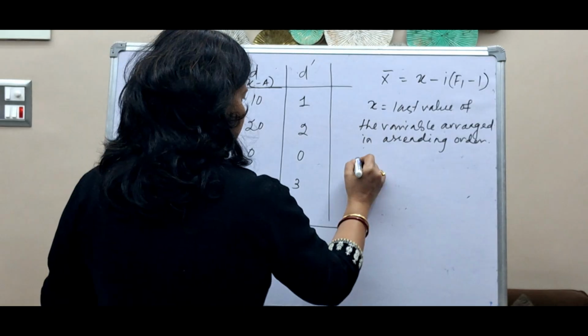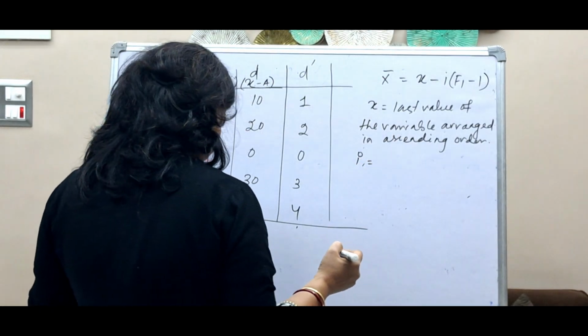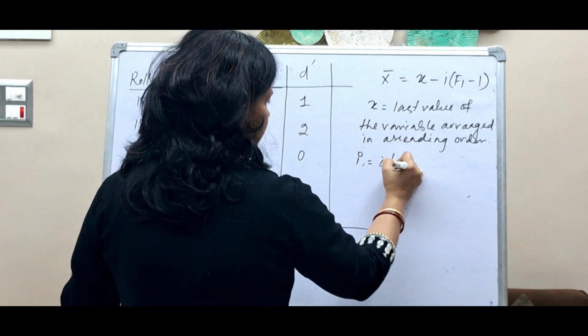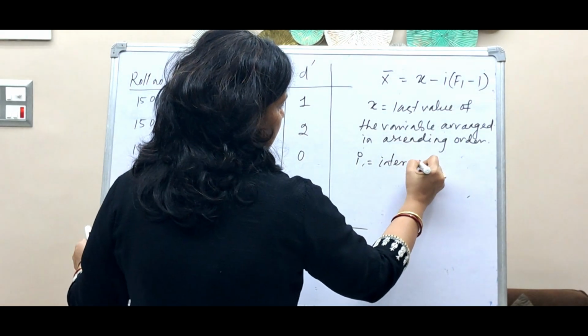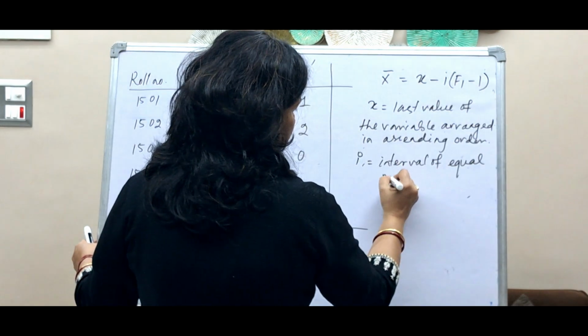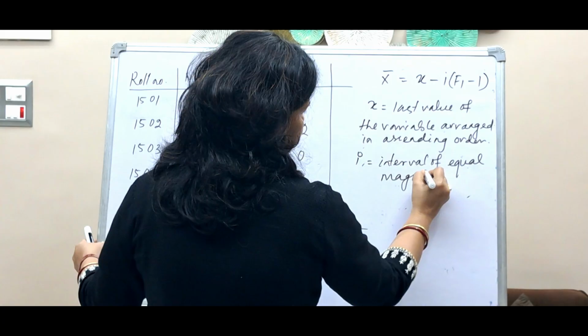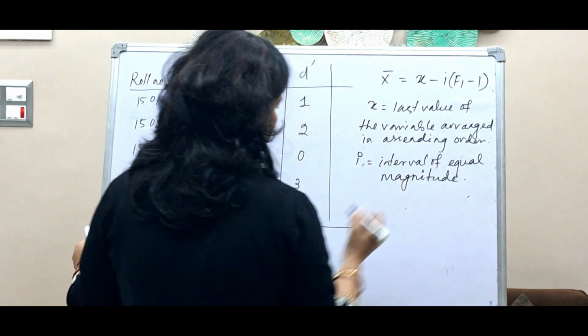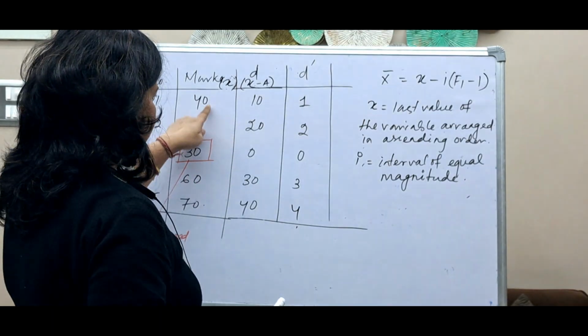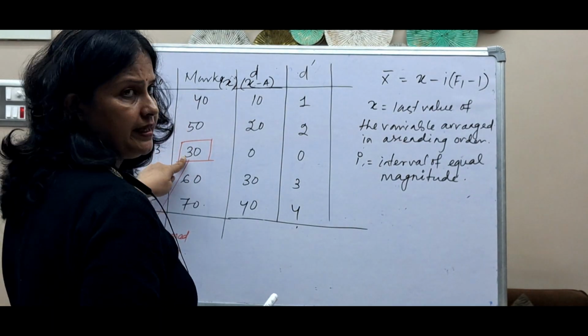Then what is I? I equal to the interval of equal magnitude. In this case, we can find the interval of our variable.